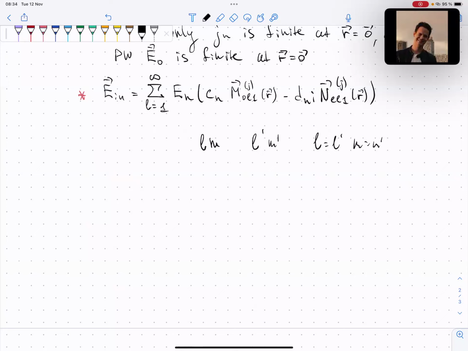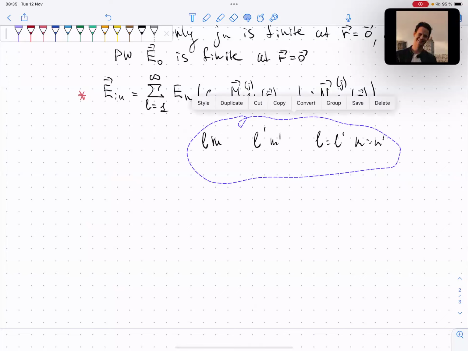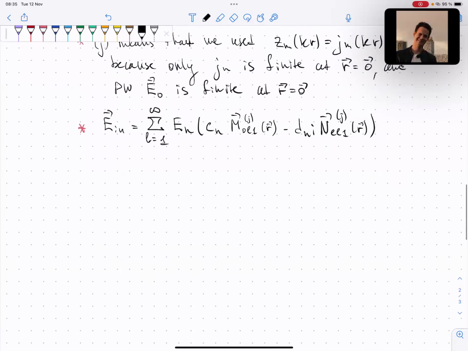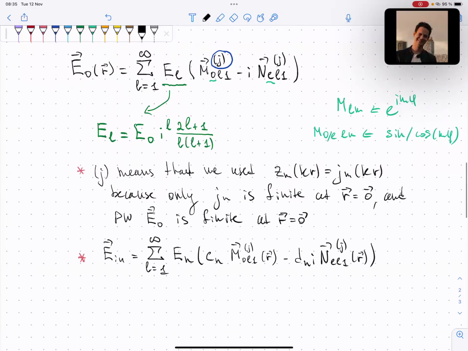You can't excite a quadrupole harmonic using a dipole incident field. From the mathematical point of view, this is because of orthogonality of these functions. From a more physical point of view, it is the same orthogonality of these eigenmodes, so it's impossible to excite one eigenmode using the field of another eigenmode. And this really simplifies our problem.